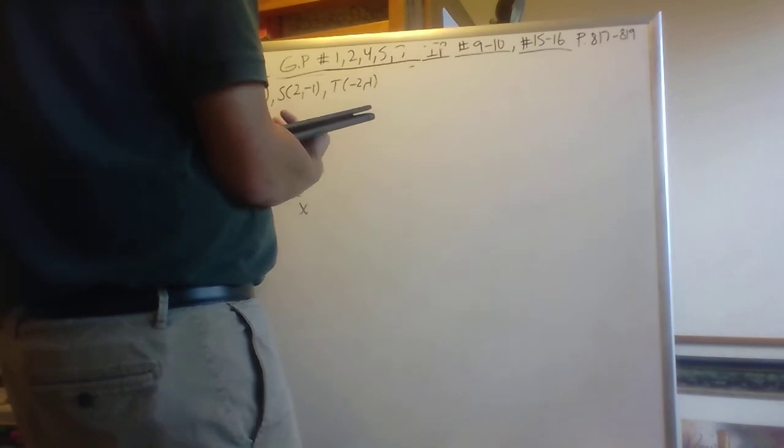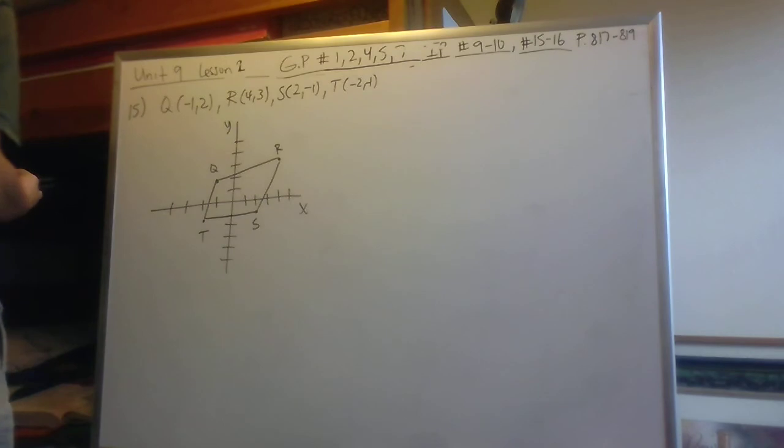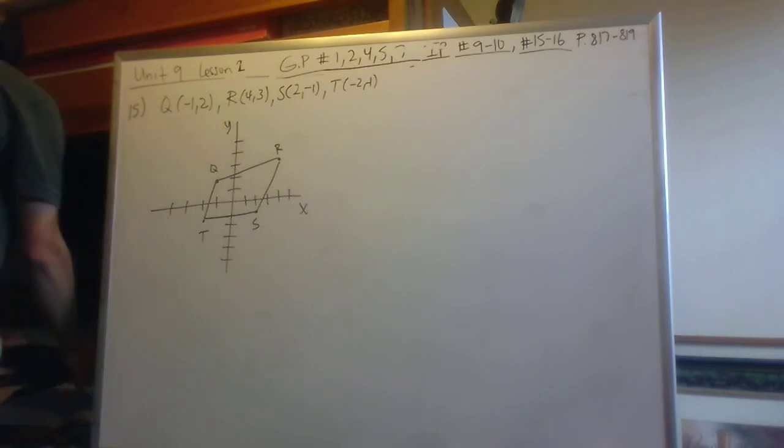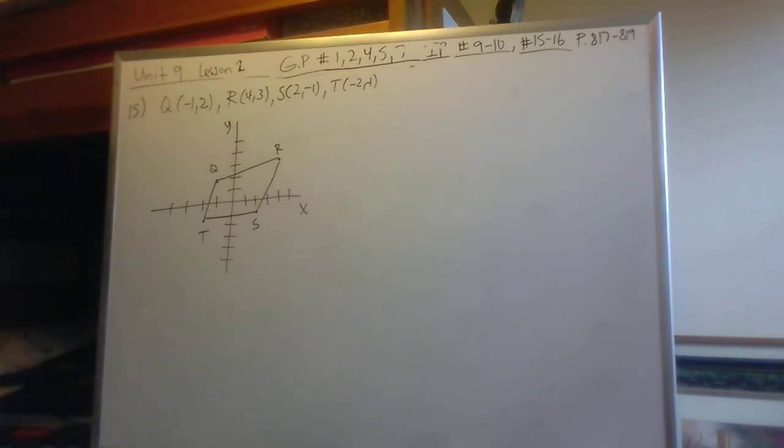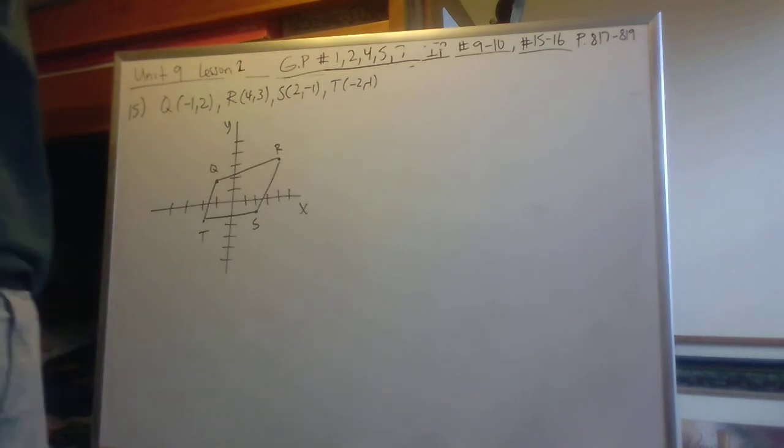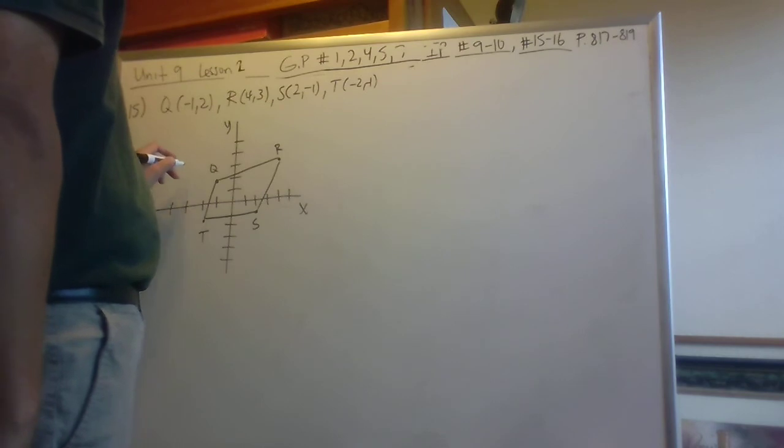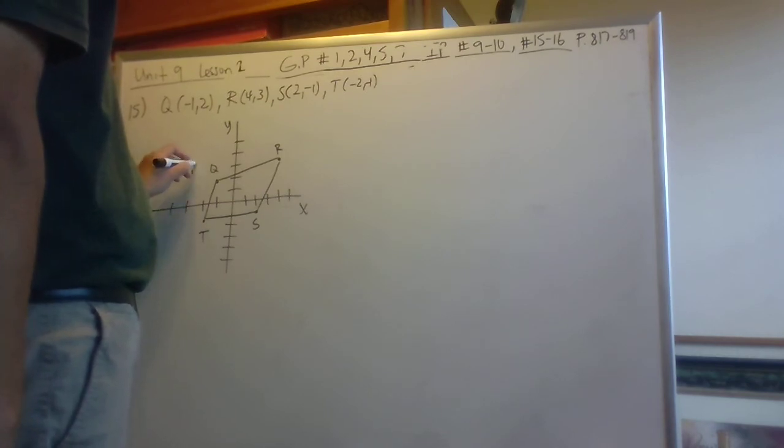And just by looking at the graph, it doesn't look like it, but looks can be deceiving. So we're going to use the slope formula for determining the different slopes of the sides to see if they are the same. And if they are the same, that means that they are parallel. So at Q, we have -1, 2.